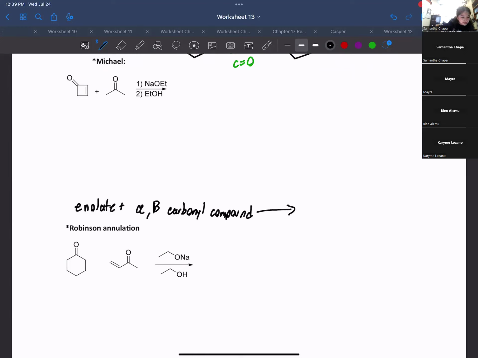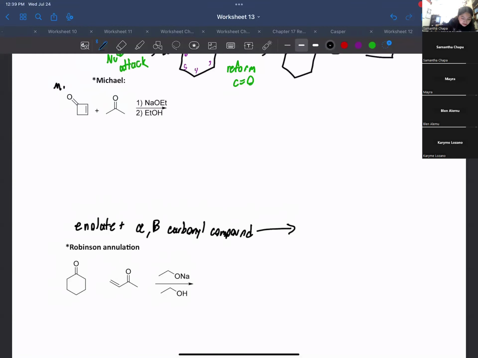Our alpha beta unsaturated compound is called our Michael acceptor, so that's just a side note. And we're forming a 1,4 addition product. Let me see what that looks like really quick.